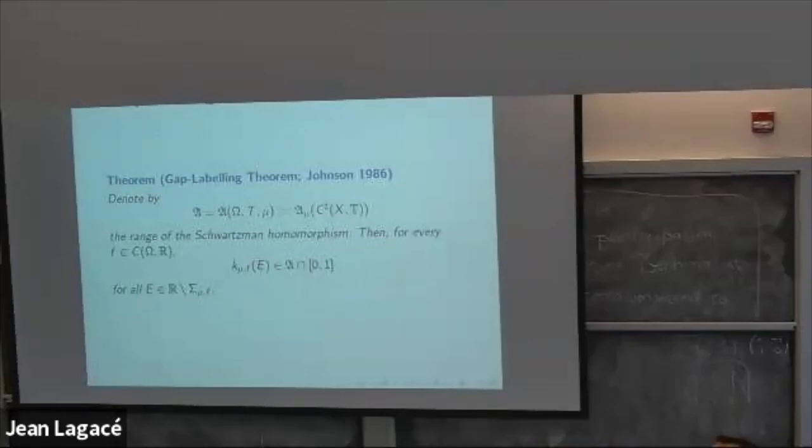Yes, exactly. So of course, P minus 1 open gaps, yes. So therefore, the periodic case is, I mean, I will discuss it if I have time in a moment. But first of all, this is an inclusion, right? If you take all gaps and take the union of all gaps over all sampling functions, you get a bunch of numbers, and these numbers are contained in A intersected 0, 1.